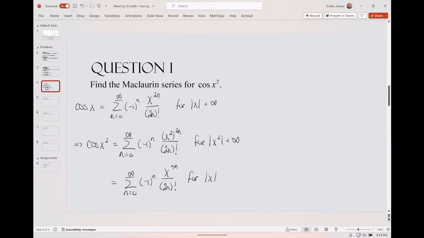And if the absolute value of x squared is less than infinity, what about the absolute value of x? Probably less than infinity, same thing. So that's just another way of writing for all real numbers x. There's the Maclaurin series for cosine of x squared.